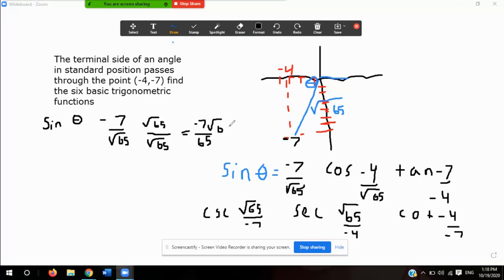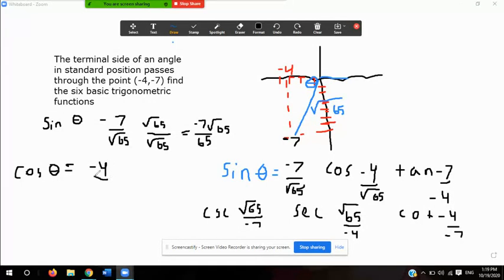And I'm going to do the same thing for the cosine of Z, which is -4 over the square root of 65.